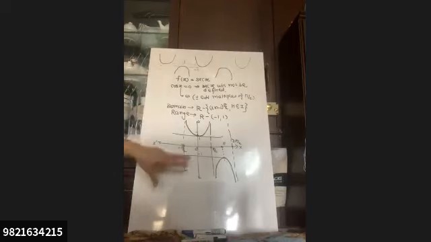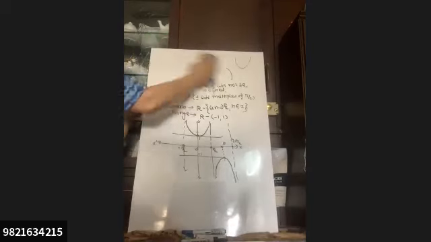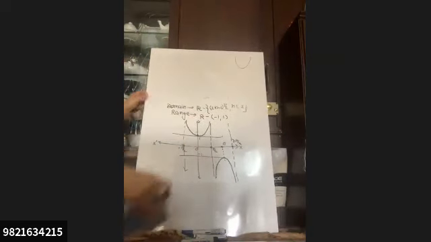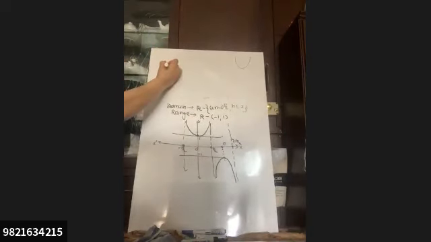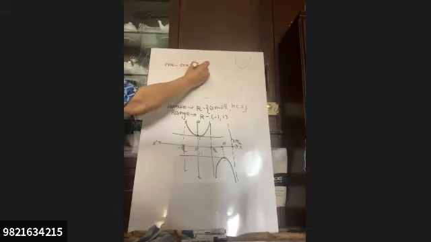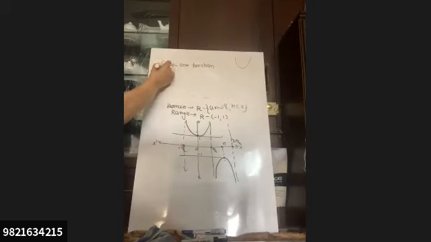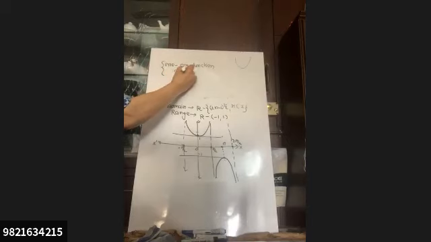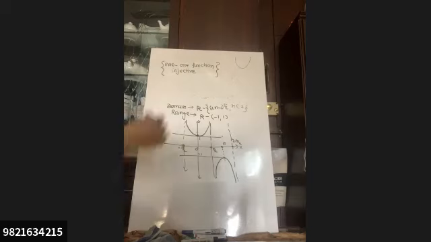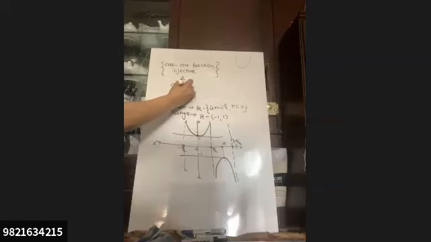Now just want to discuss what is the other name for one-to-one function. One-to-one function, the other name is injective. And what is the other name for onto function?